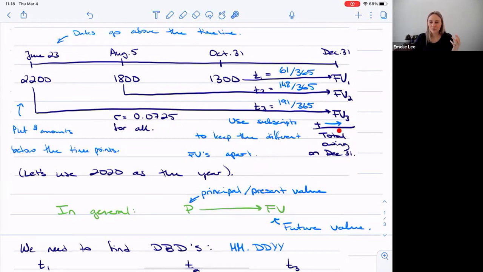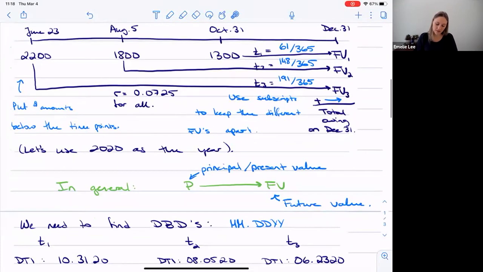So historically, this is the type of question that we get you to do on the final exam for simple interest, right? So using the days between dates calculation and finding either a future value, or what we'll see later is maybe we have to find the present value, right? But the idea is the same.